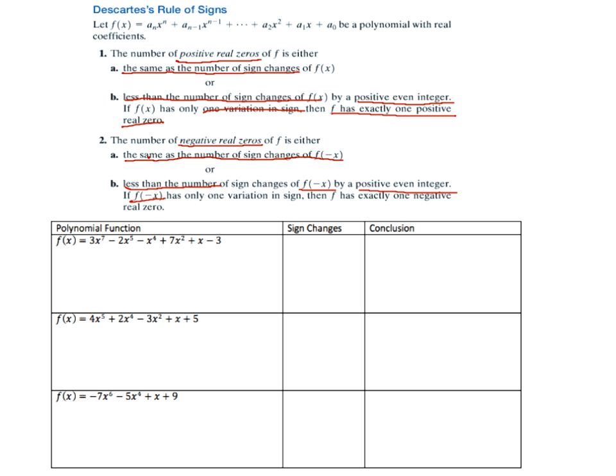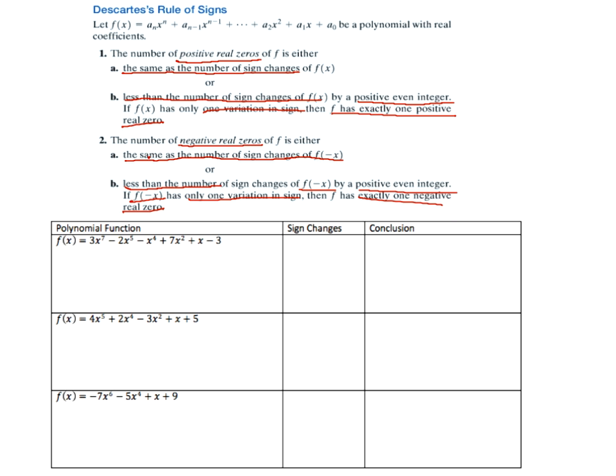If f of negative x has only one variation in sign, then there is exactly one negative real zero. Okay, so the first thing we have to do is identify the sign changes of f of x. Then we've got to go plug in negative x and see how many sign changes happen, and then write our conclusion from there.